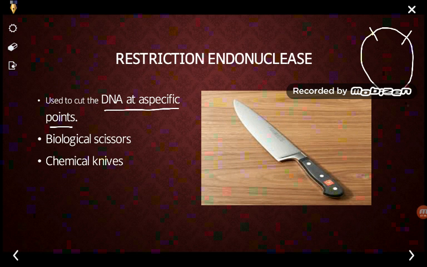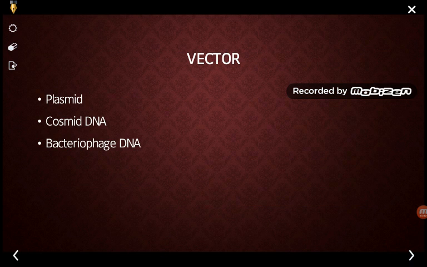Next, coming up to the vector. So it is a carrier DNA. What is a vector? A vector is a carrier DNA molecule to which the fragment of desired DNA is attached.